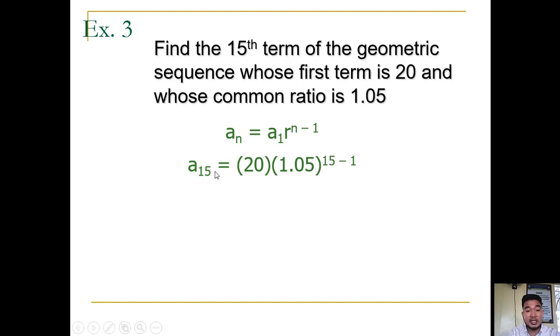So our n is 15 minus 1. Then we simplify it. 15 minus 1 is 14. Kuhanin nyo muna yung 1.05 raised to 14. Using your calculator, kuhanin natin yung 1.05 raised to 14.